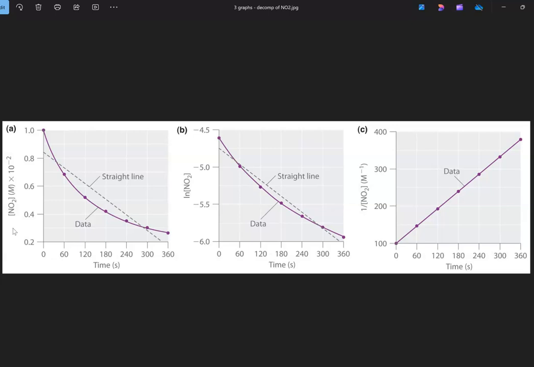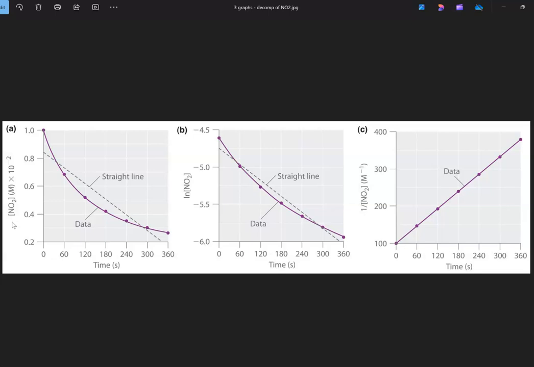And we get this graph that you see here, this purple graph, and for this reaction, whatever the reaction is, this decomposition of NO2, that is not a straight line. So for this particular reaction, we plotted the concentration of NO2 versus time, and it was not a straight line.